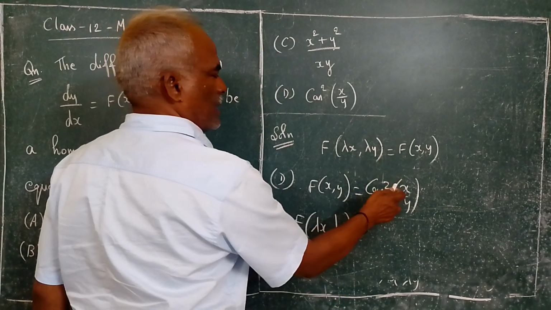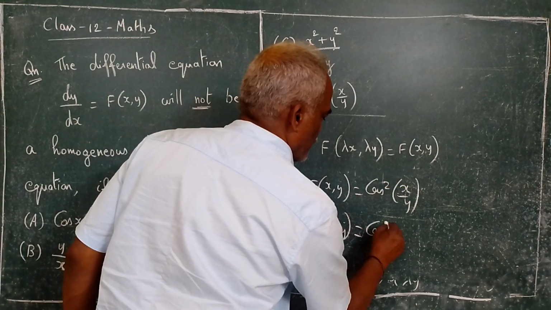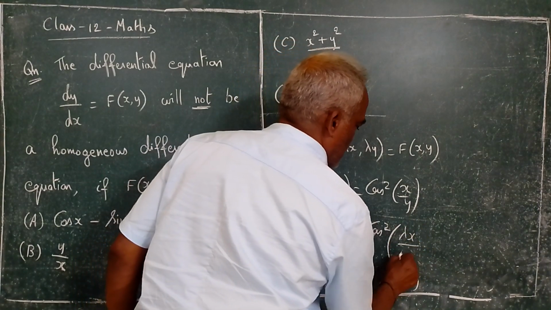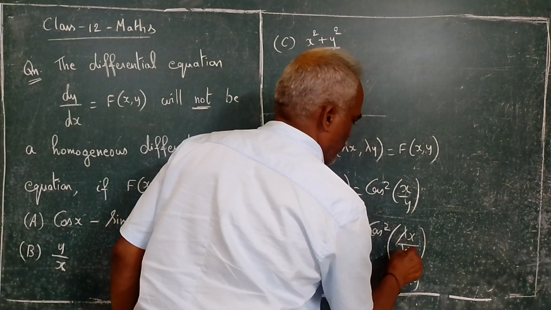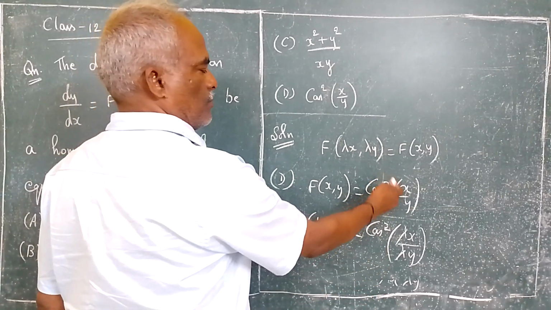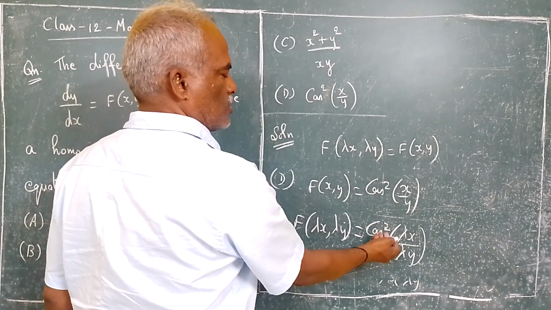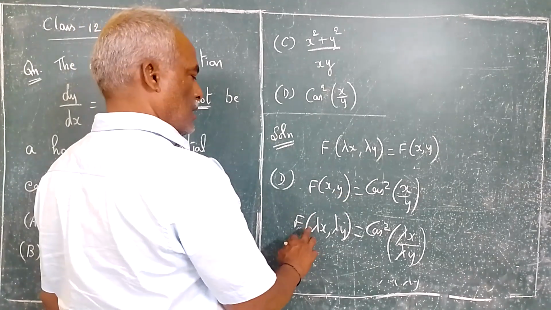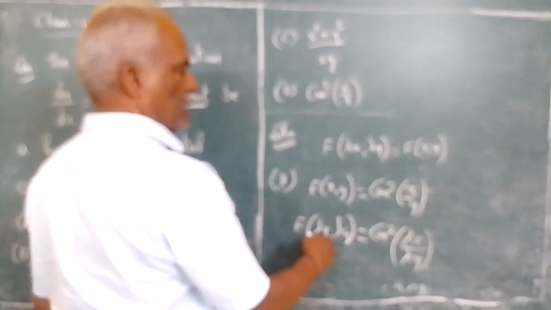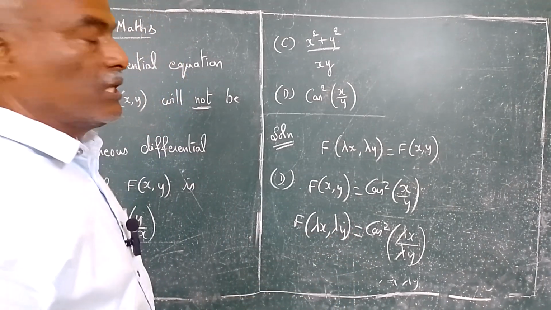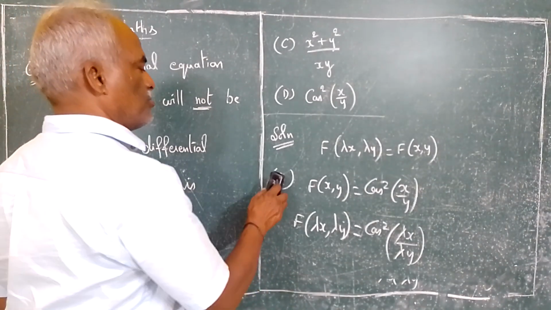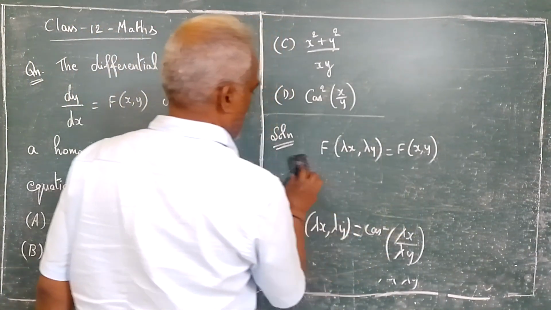So x will be replaced by lambda x and y will be replaced by lambda y. Now we see cos square x by y, here also cos square x by y. That means f of x comma y is equal to f of lambda x comma lambda y. That means it is a homogeneous differential equation. So option D is ruled out.